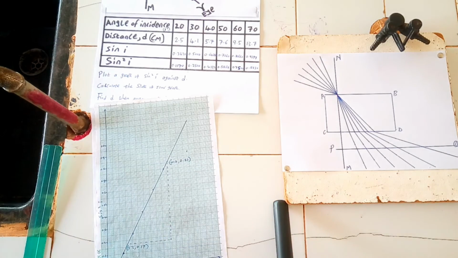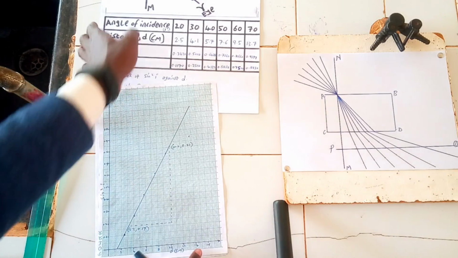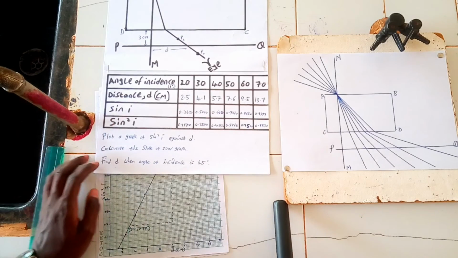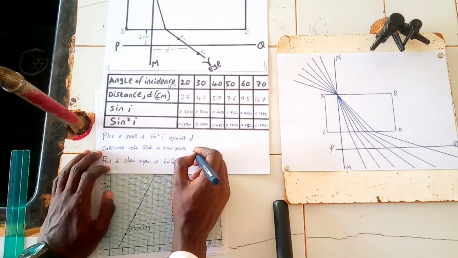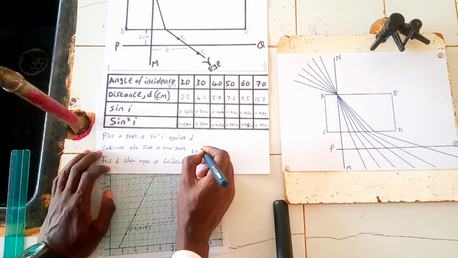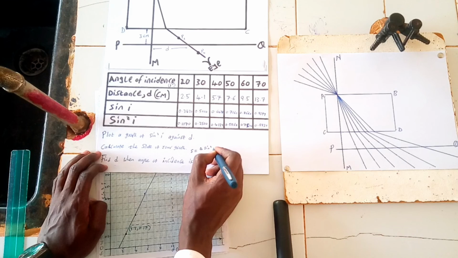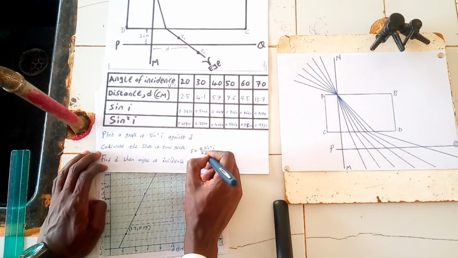We are multiplying by the accuracy. So we have those values. So we are going to determine the slope of the graph. So we know slope will be given by change in sin² i divided by change in d.